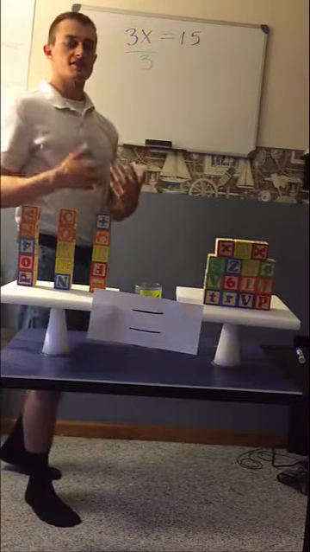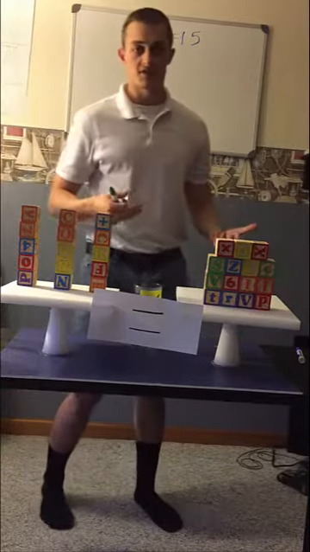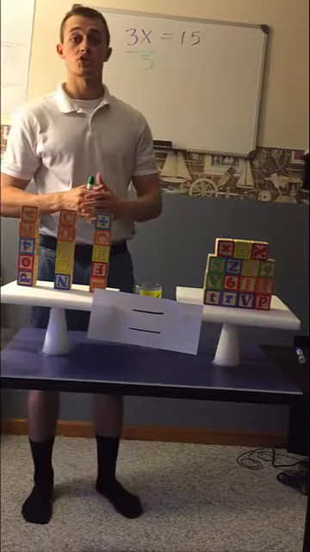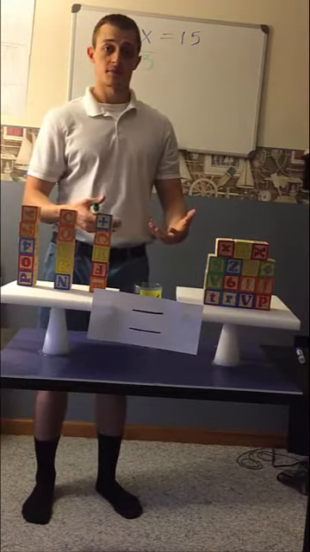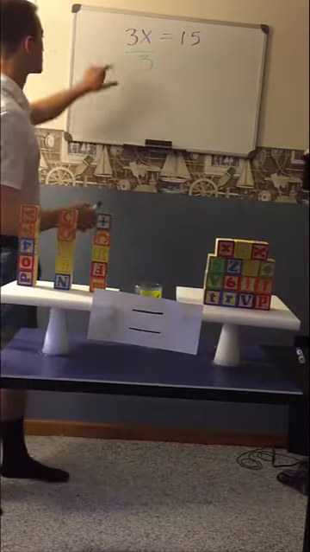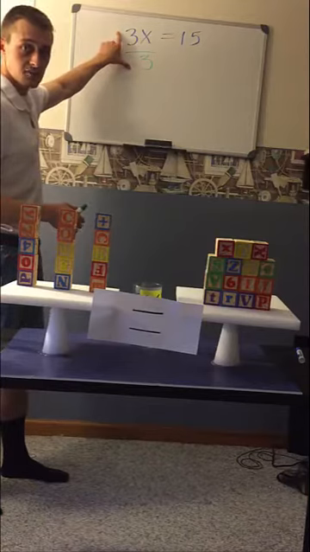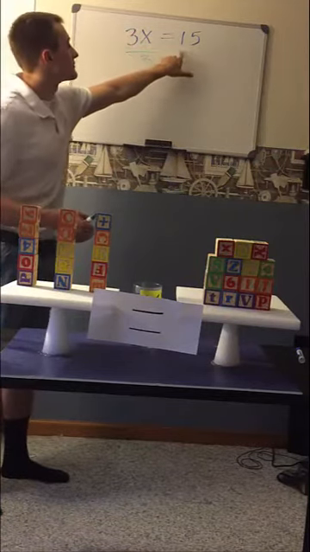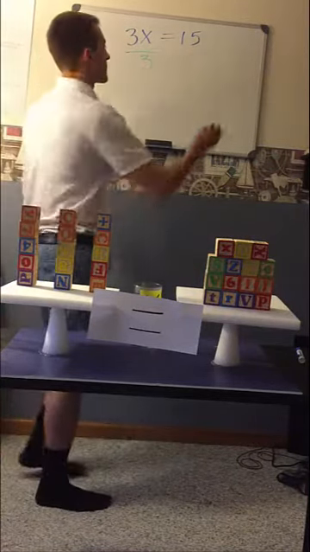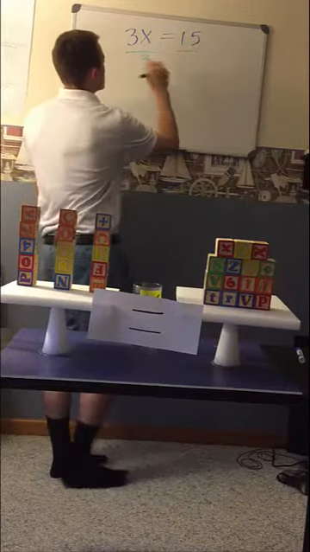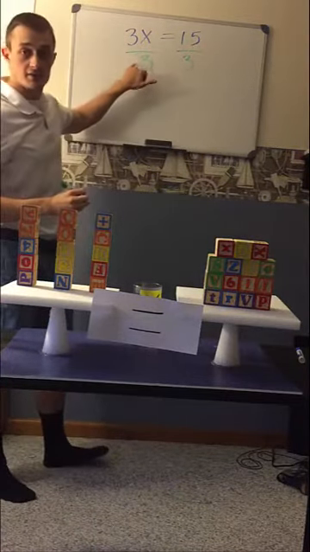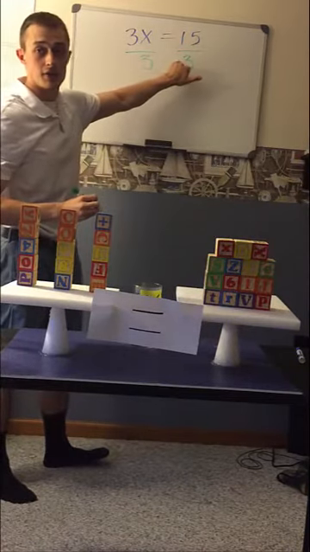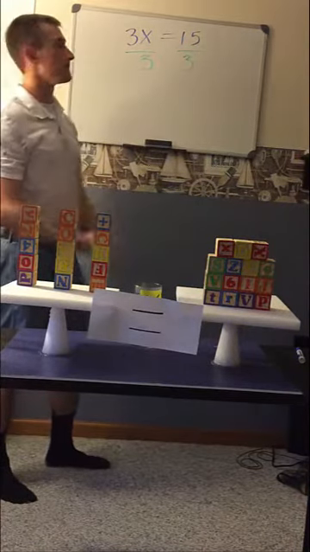Now, just like any other scale, if I want to make sure that both sides of my equation are balanced, then if I divide this side by 3, I have to divide this side by 3 as well. Whatever I do to this side, I have to do over here.